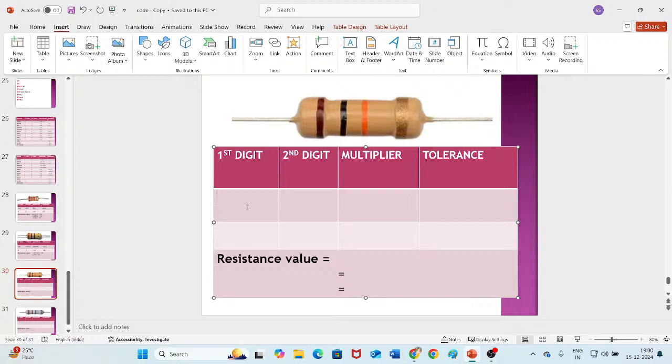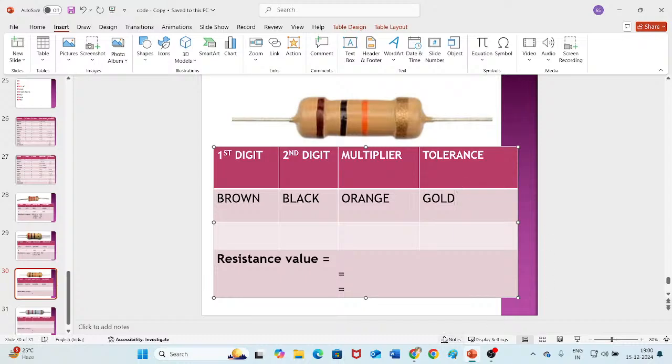So what is our digit one? It is brown. Next one is black. Multiplier color is orange, and tolerance is gold.